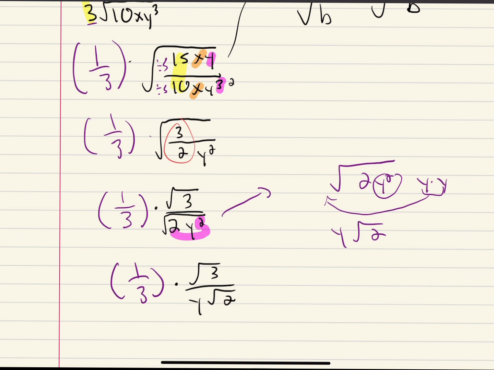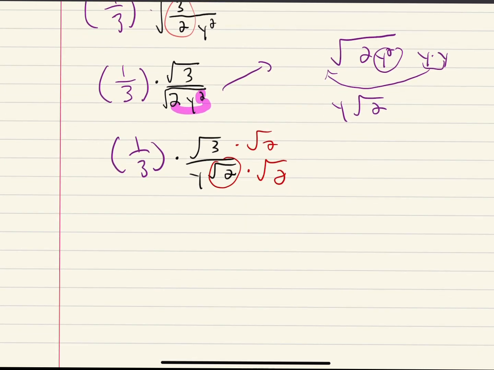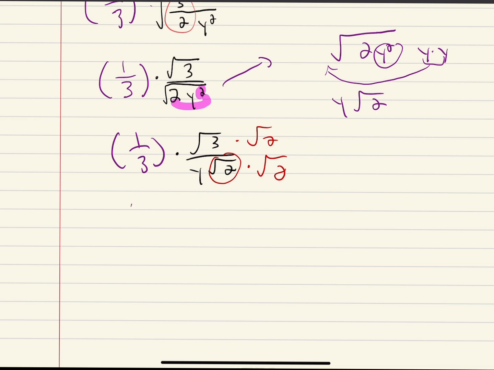Okay, so we're going to have to still rationalize the denominator here. And we're going to rationalize it by multiplying by the radical in the denominator, which is going to be root 2. So root 2 at the top and the bottom. And so again, keeping the 1/3 because I haven't dealt with it yet. This is going to give me root 6 over, and we're going to say it's going to be y times 2, because root 2 times root 2 is going to leave us with 2.